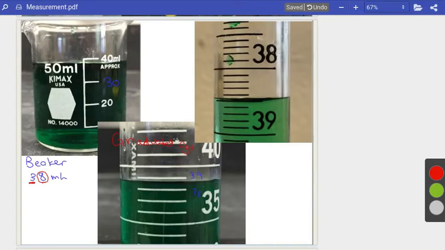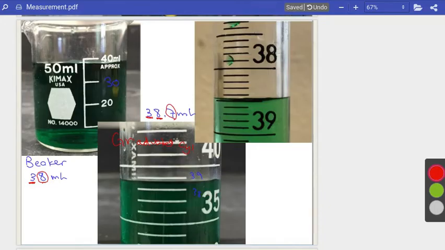We've got a 3 and an 8, just like before, but this time I know that the 3 is correct and I know that the 8 is correct. What I'm guessing about now is the tenths place, and I'm just going to say maybe it's 38.7, and that would be in milliliters. Again, I only get to guess once. That's my degree of estimation.